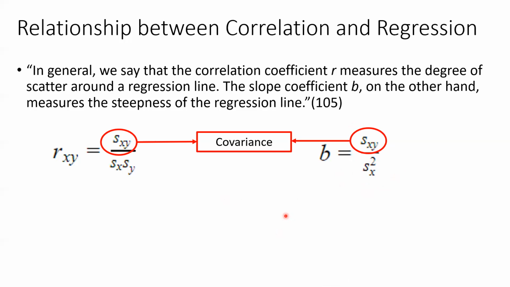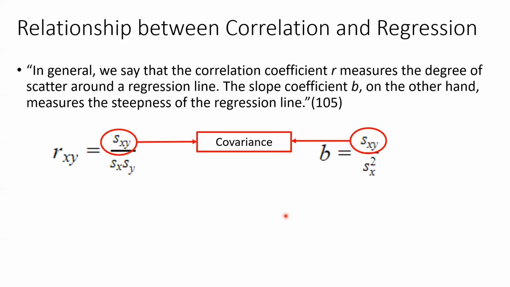This means that testing whether the correlation is equal to 0 is the same as testing whether the slope is equal to 0. So Allison argues in the text that there's no need for two separate tests here. If we are testing the hypothesis that the covariance is 0, we're doing the same thing.